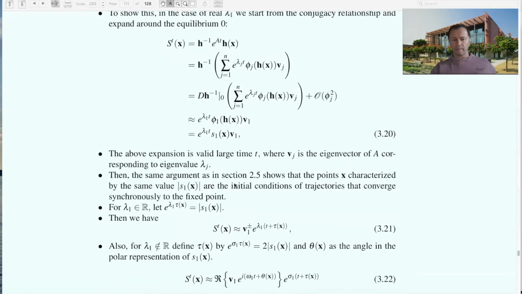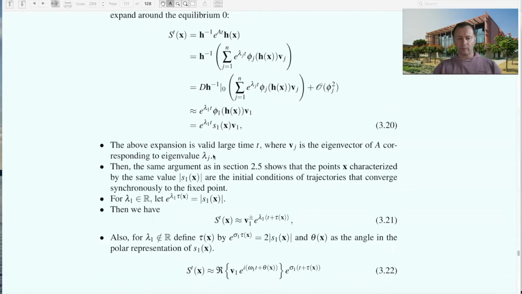So now we've shown before, this is very similar to the argument that we had in linear systems. We've shown before that the points characterized by the same value of the absolute value of S_1 are initial conditions of trajectories that converge synchronously to the fixed point. So they pass from one level set of S_1 to another level set of S_1.